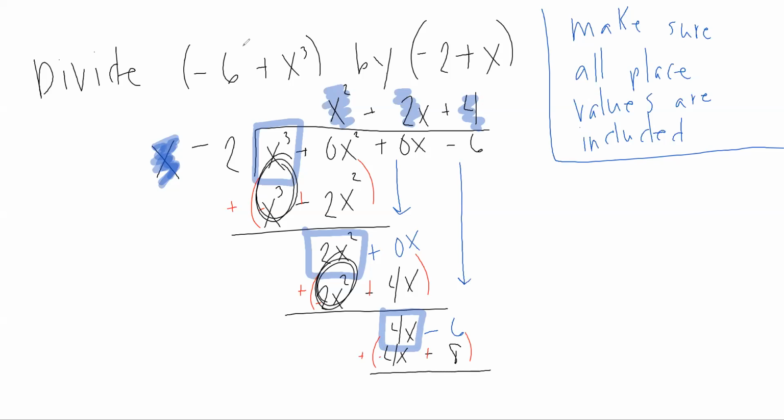So when I add those up, I'm going to have a positive 2 here. This should cancel. So 2 is my remainder. When I write this out as a quotient, I can say x squared plus 2x plus 4 plus my remainder of 2 over x minus 2.